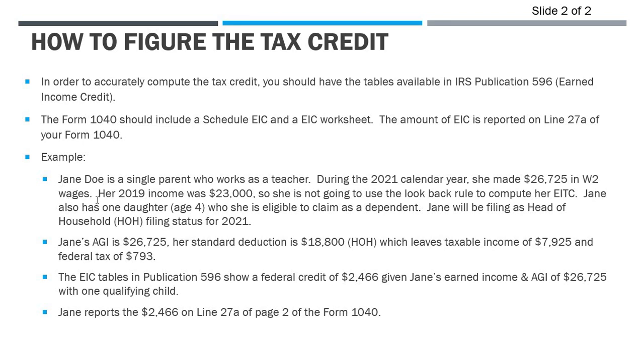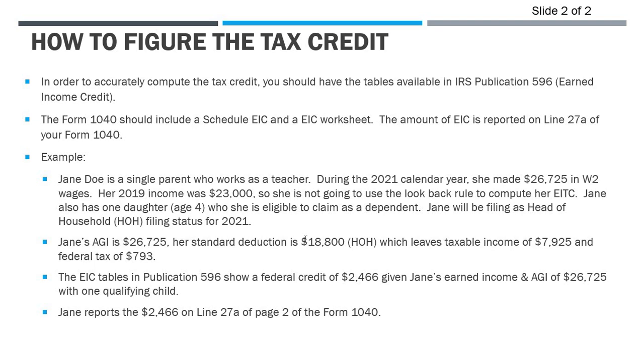So we have our example here. We have Jane Doe. She's a single parent. She works as a teacher. Now, during 2021, her income from being a teacher was $26,725, and that was reported on her W-2. So that was the W-2 she got from her school. Now, her 2019 income was $23,000.